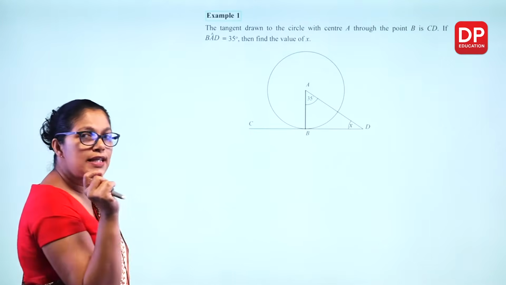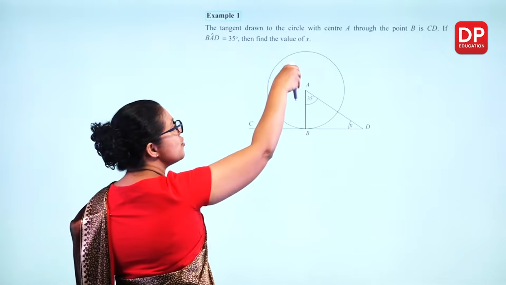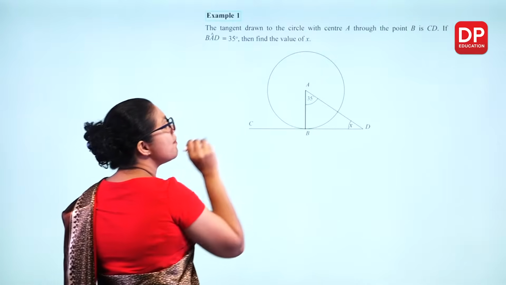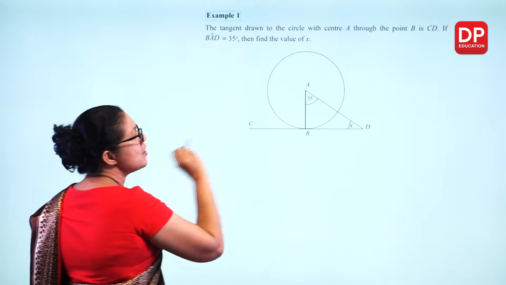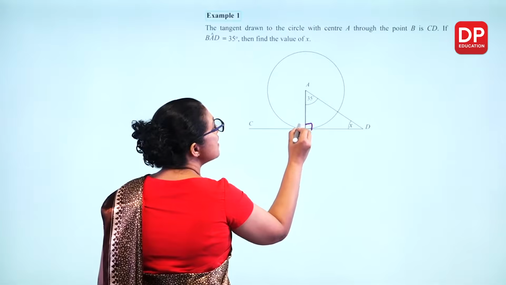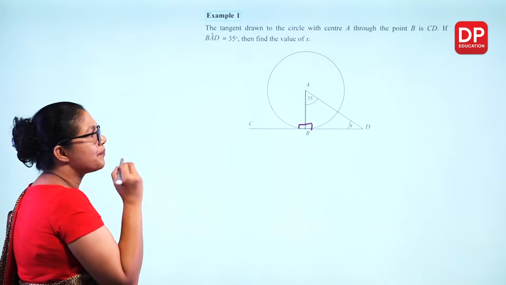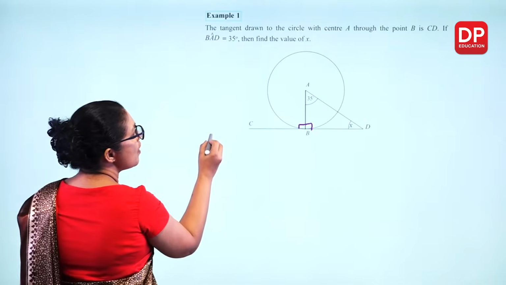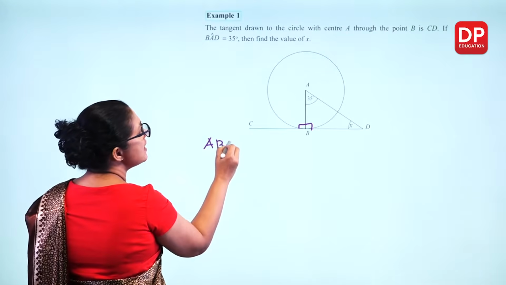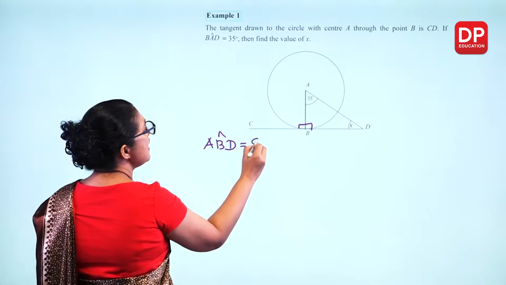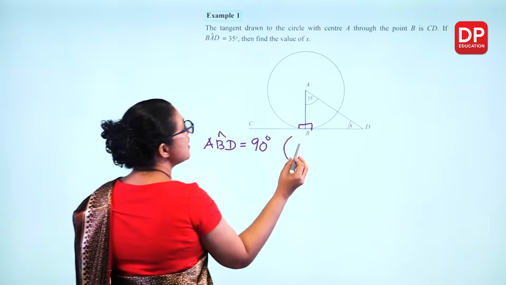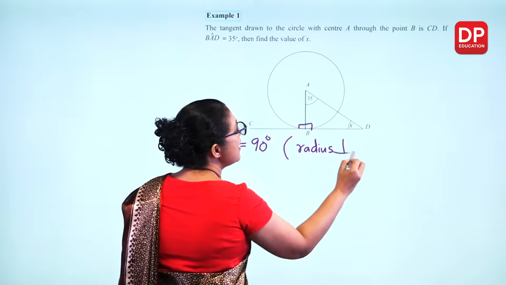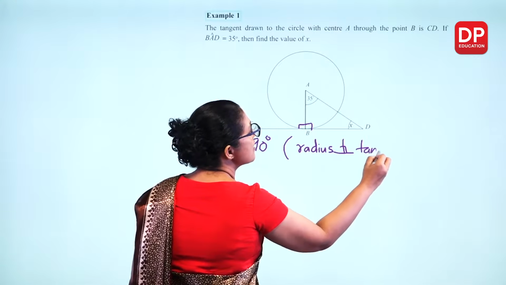So according to the theorem, we know when you draw the line from center to the point of contact of the tangent, this becomes 90 degrees. So that's the first thing we can write. So angle ABD is 90 according to the theorem. So we can write radius perpendicular to the tangent.